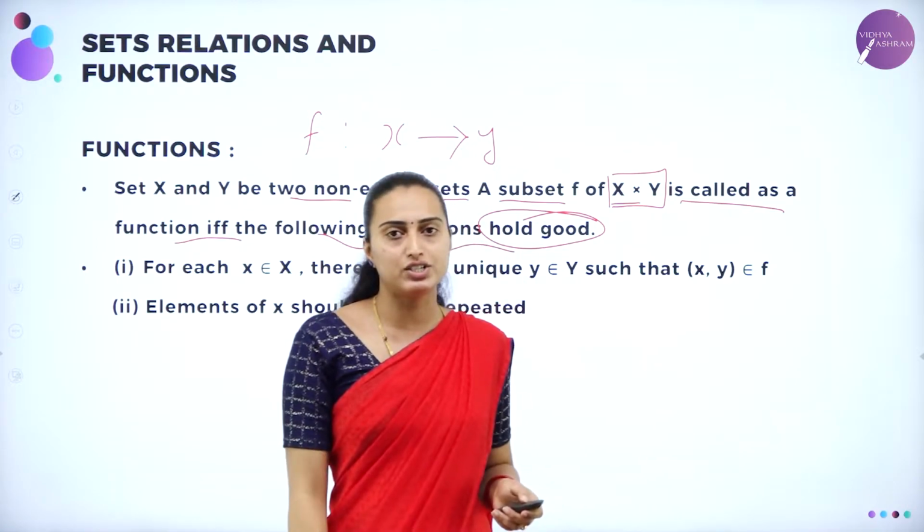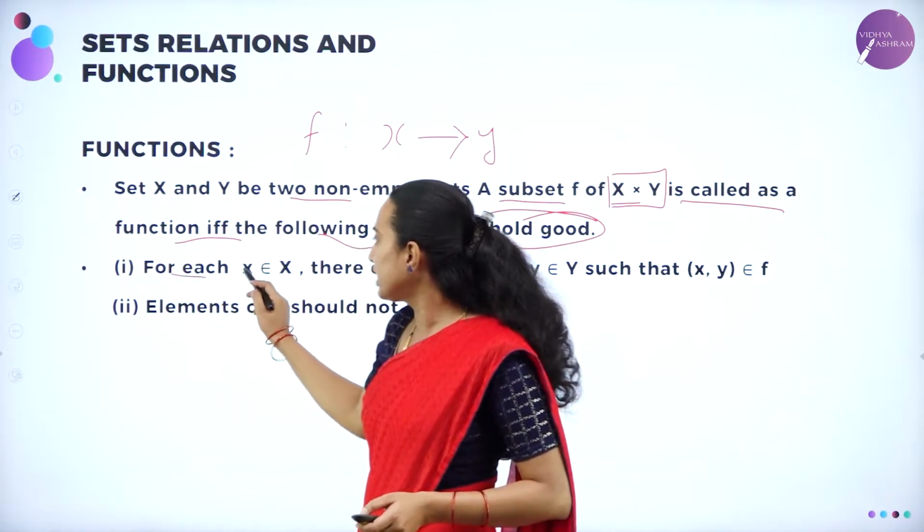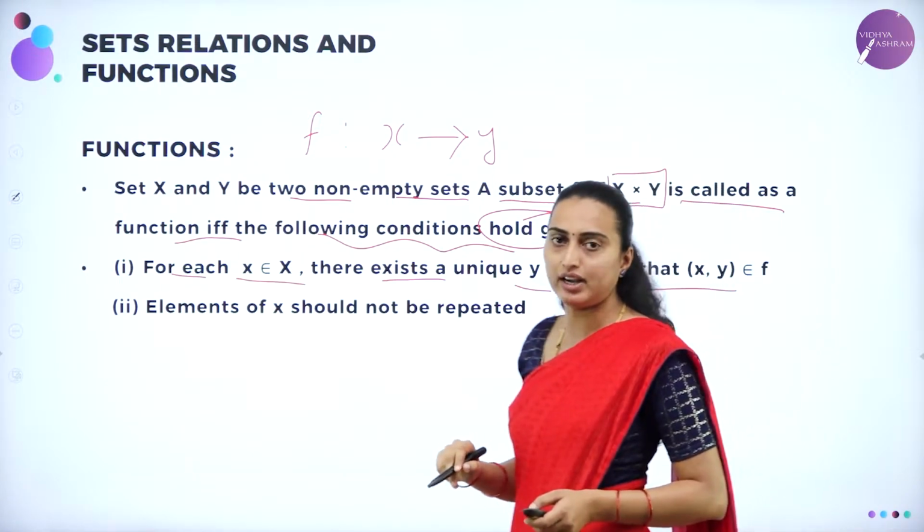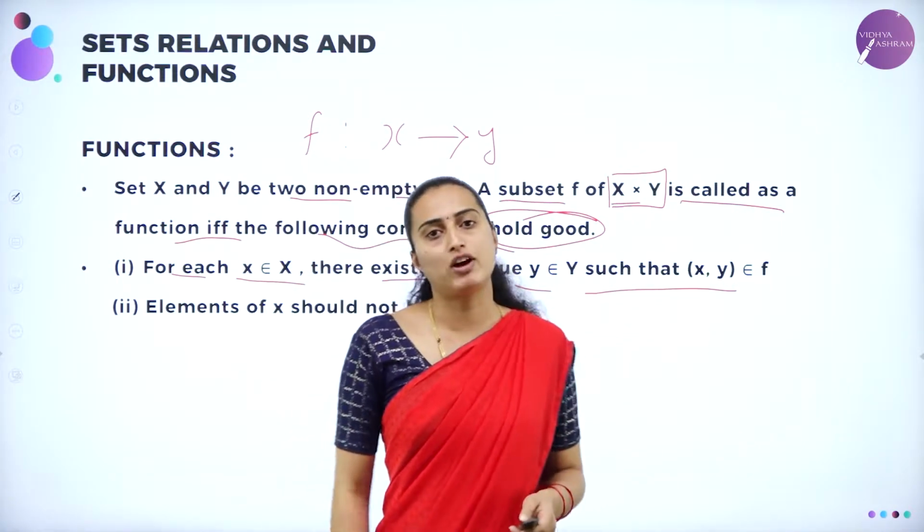What is the following condition you are going to have? For each x belongs to X, there exists a unique y belongs to Y such that (x, y) belongs to the function.